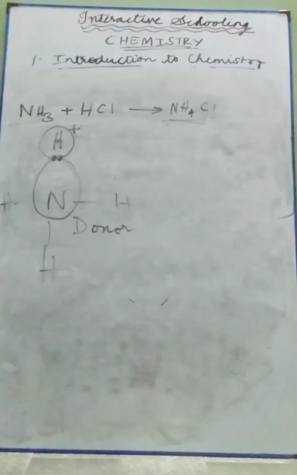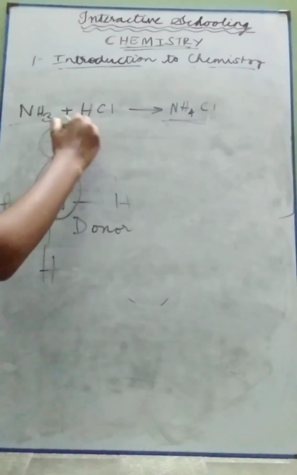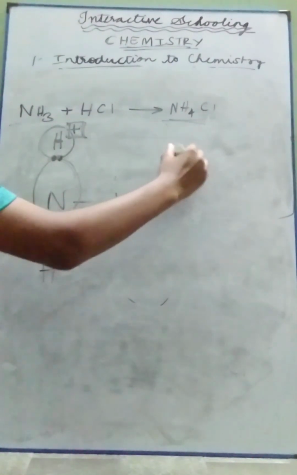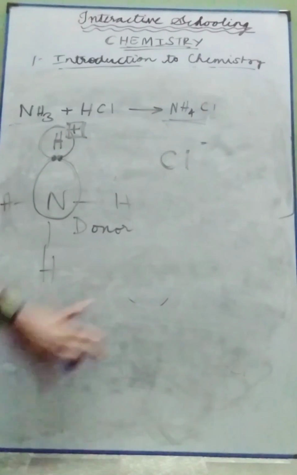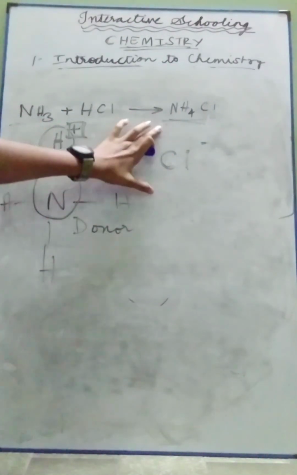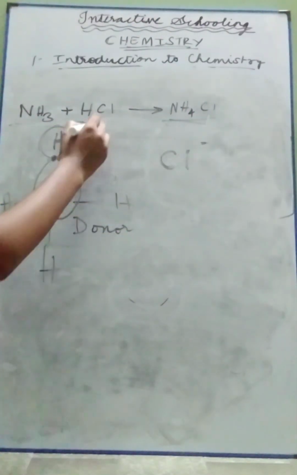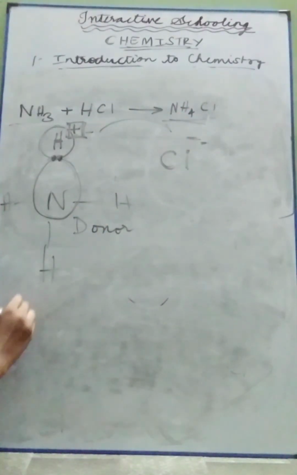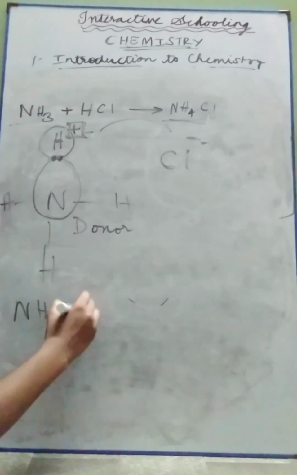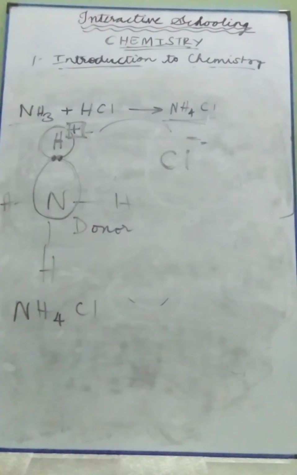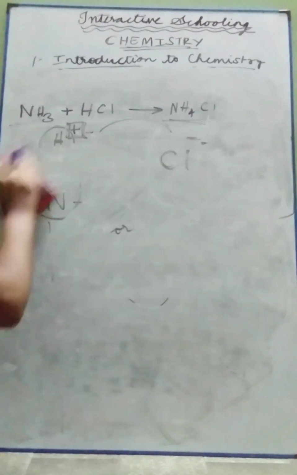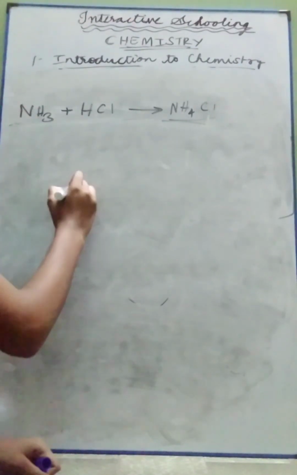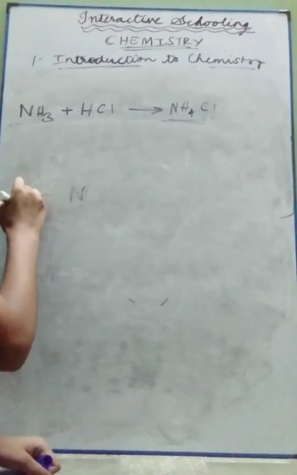Now there is one positive charge here and this is Cl minus. As I already said, once that bond is severed, it becomes Cl minus. And since there is positive here and negative here, these 2 get attracted and they form NH4Cl. So how is this molecule represented?